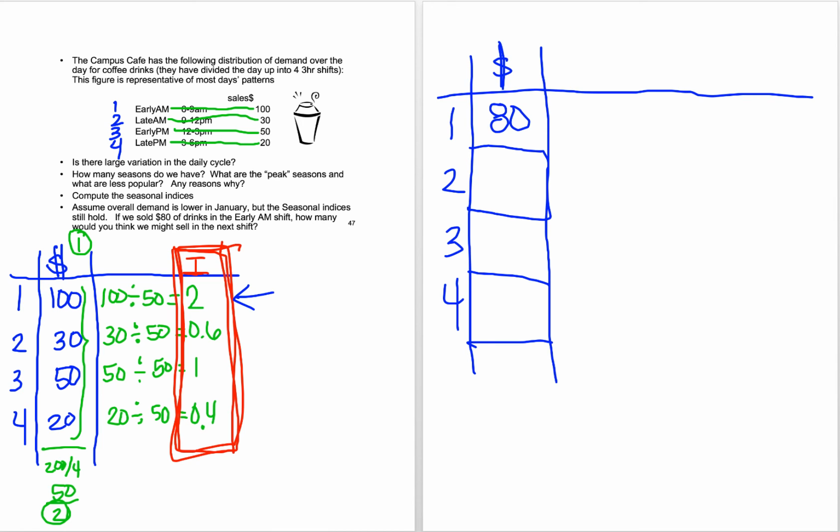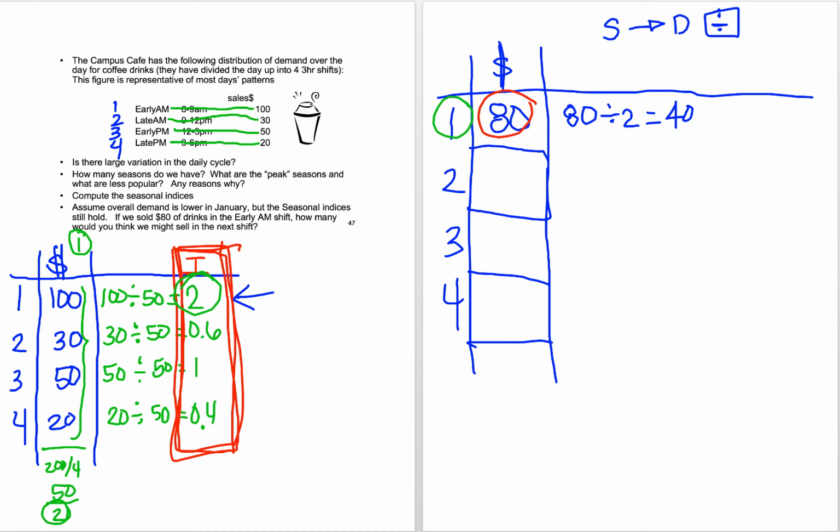Once again, when we go from seasonalized data to deseasonalized data, it means that we're going to be dividing. So this time it means season 1, which is 80, divided by the index of 2, which gives us 40. $40 of deseasonalized sales.